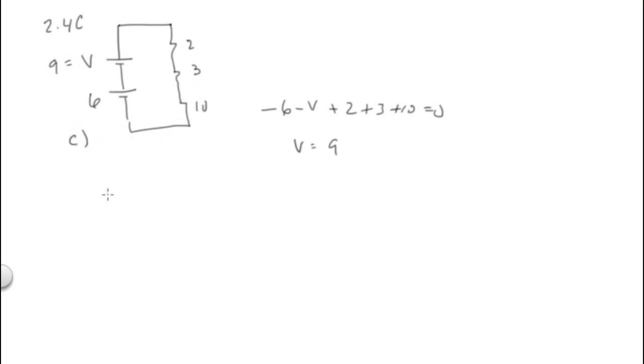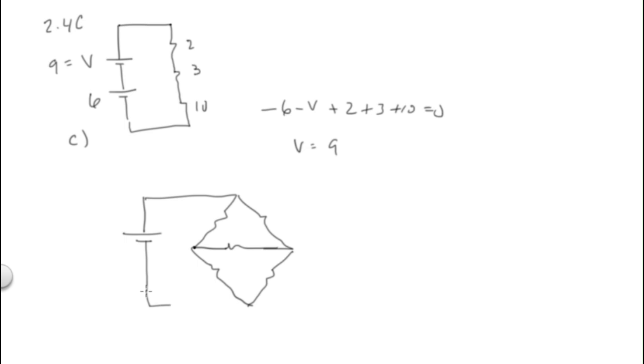That's C. D, again we have this strange looking thing called a Wheatstone bridge. Go out, come down, go across, come down like this, come down like this, come down like this, and do this.